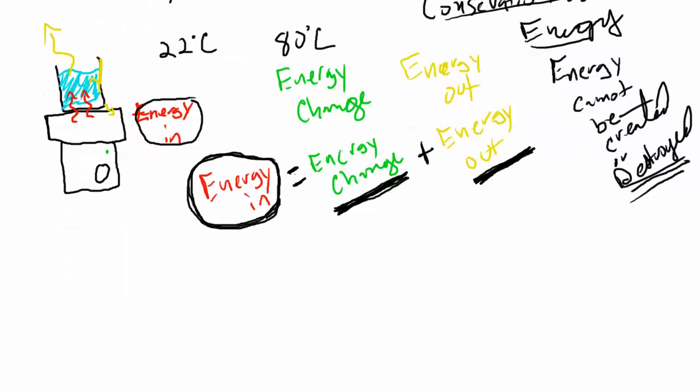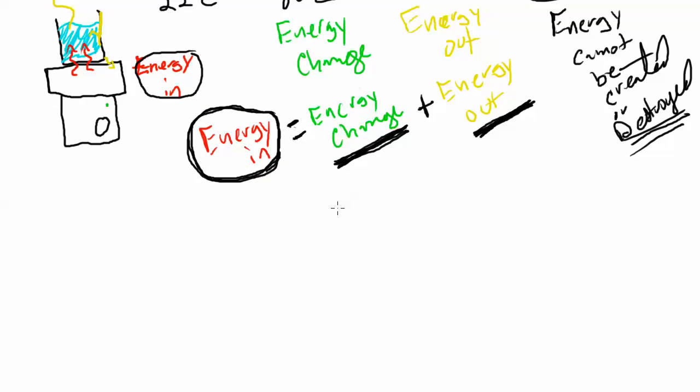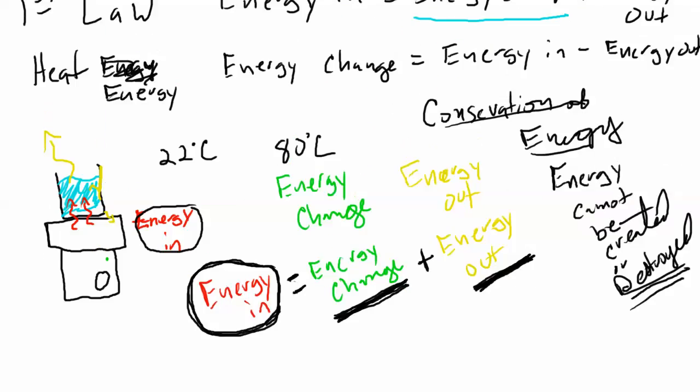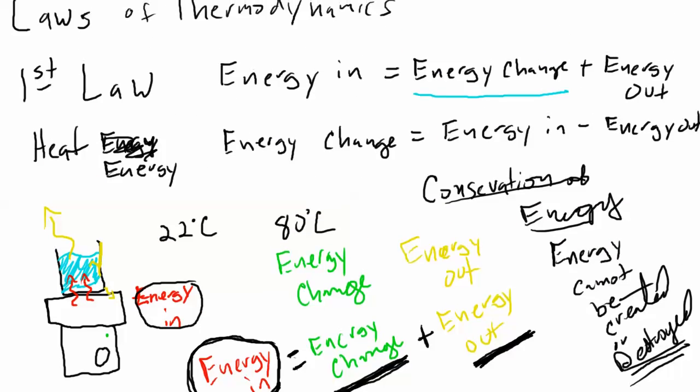So another way of thinking about that is if there is no energy change. Let's say we have a new beaker of water. And again, this beaker of water is at room temperature, 22 degrees Celsius. Let's say that we, again, heat the water up.